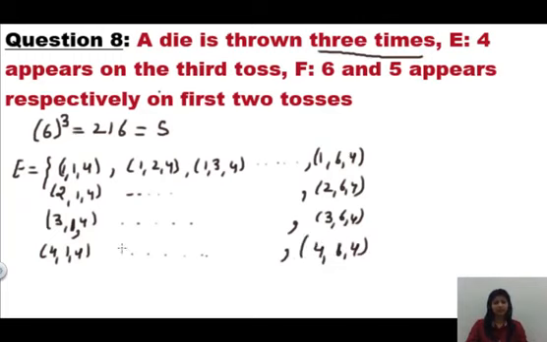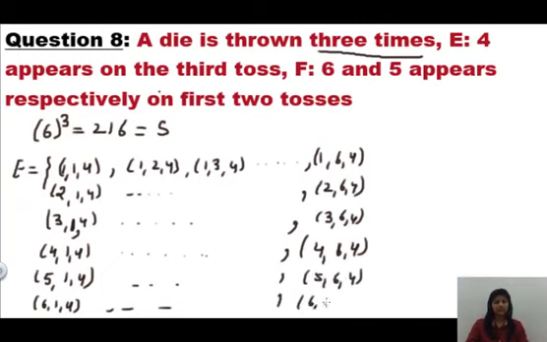Similarly, we will write with 5 and 6 as well. So these are the outcomes. Here 5, 6, 4. Here 6, 5, 4. 6, 6, 4 here.